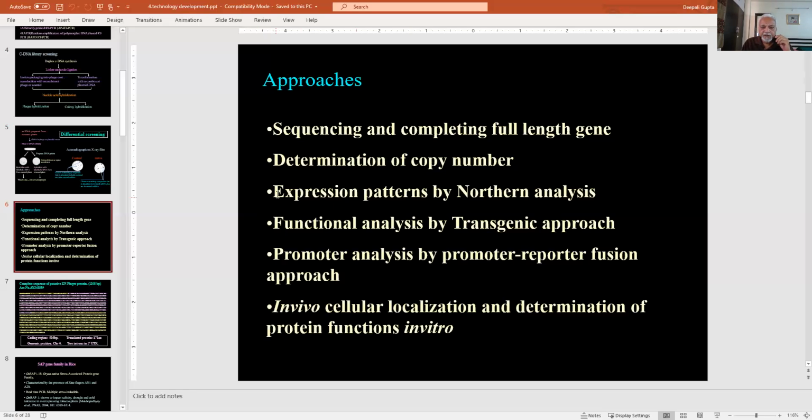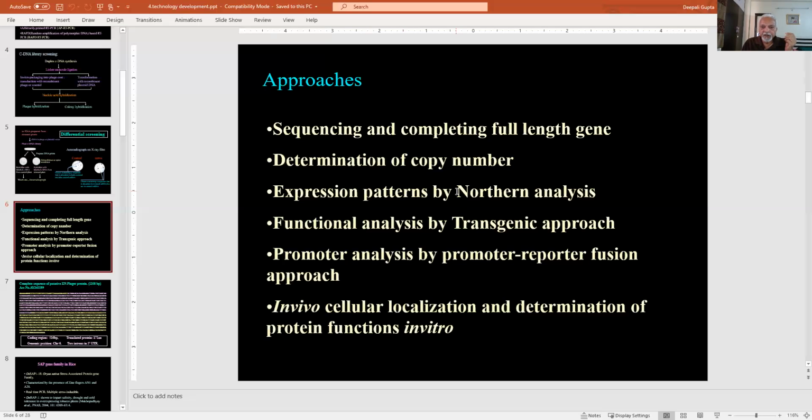And then once you have the gene in hand, what you have to do is to make sure that the gene is expressing under test conditions, or that it is really differentially expressing, by doing another analysis or real-time PCR. Nowadays, it is real-time PCR which is used, but when I did this work, at that time, real-time PCR was not available.